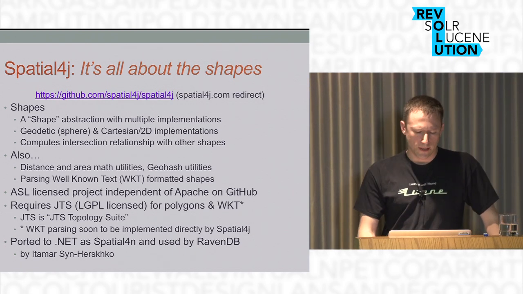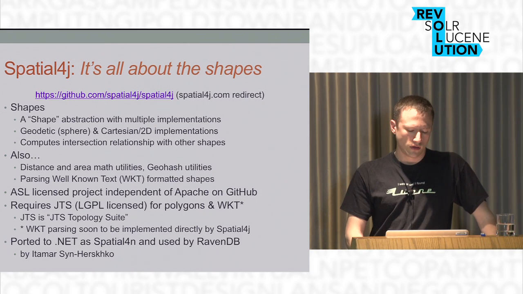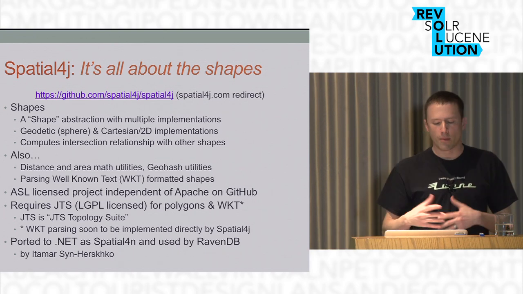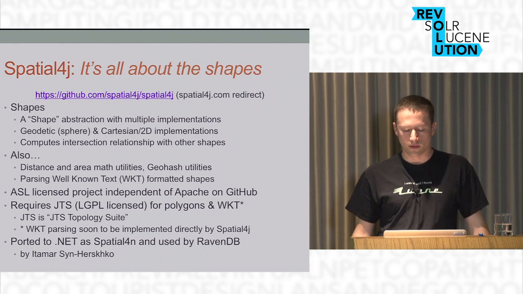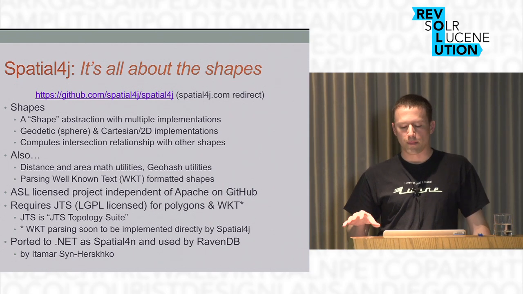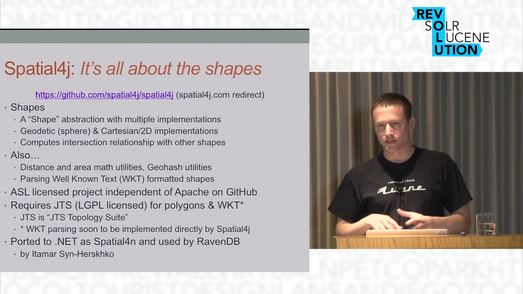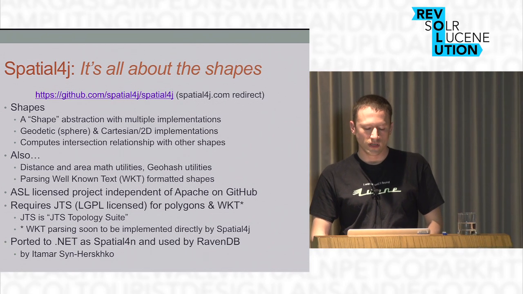So it uses the Java Topology Suite, JTS, for polygons and basically anything in the full breadth of WKT that is supported by JTS, and I've had to wrap JTS so that it supports dateline wrap as well. I basically do some clever shifting across the dateline if I see it crosses it.